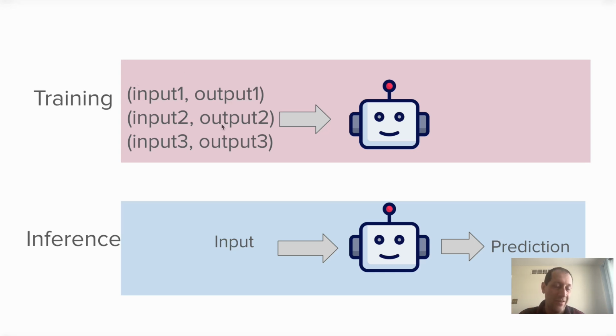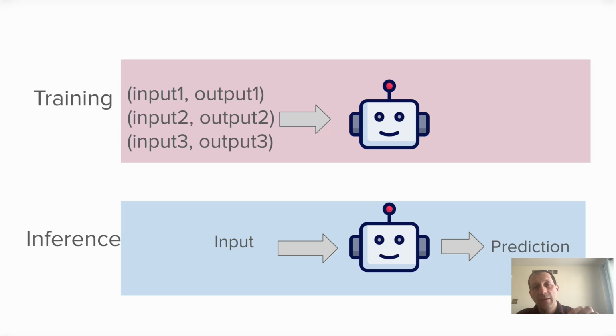So here in the image I have 3 examples, but you may imagine we'll have thousands of examples. And once it learns from that, step number 2 is when you go and make use of this. That's called inference, where you give it an example input and then it will predict an output, right?